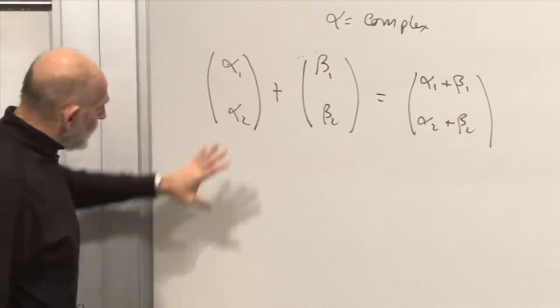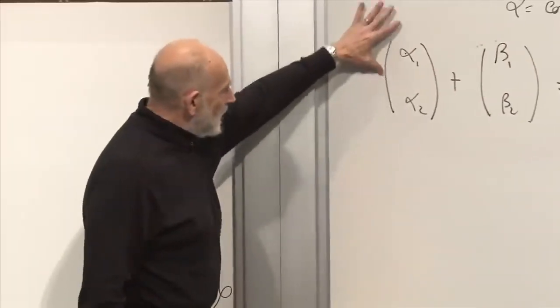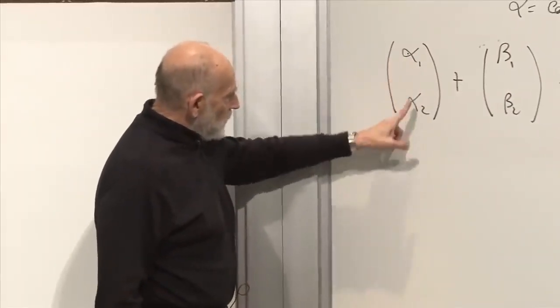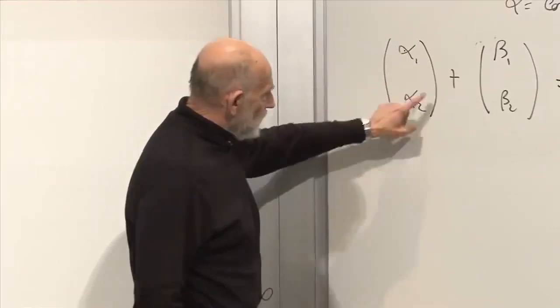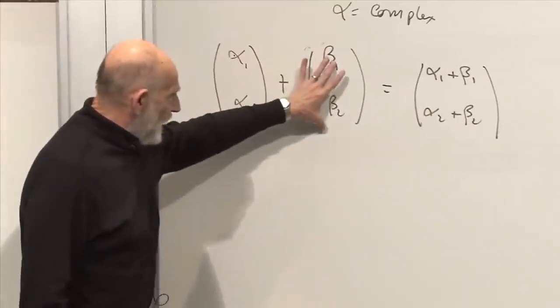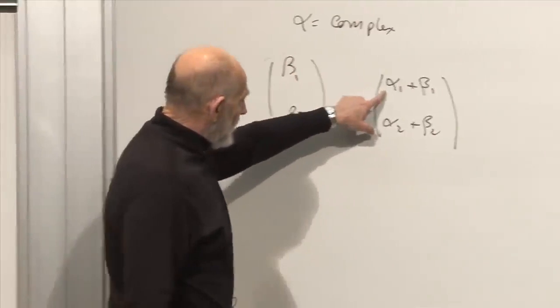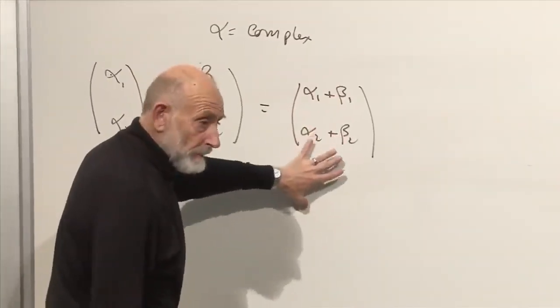So given any two of these abstract symbols, alpha and beta, we can add them and get a third one.